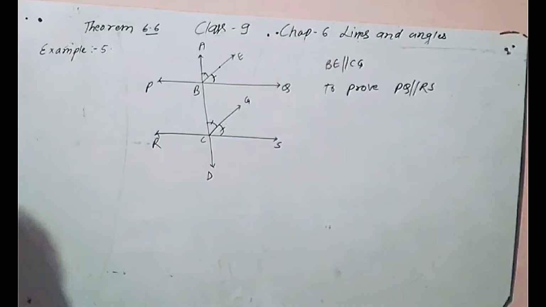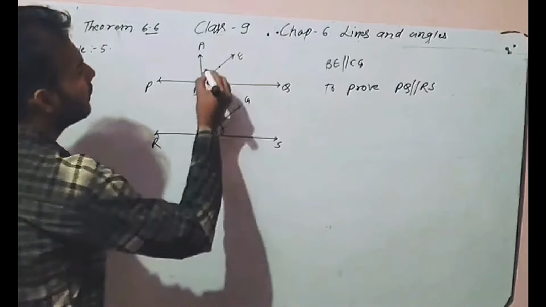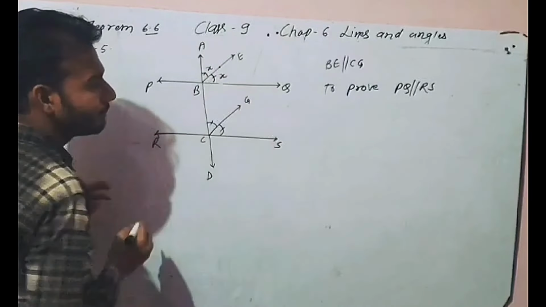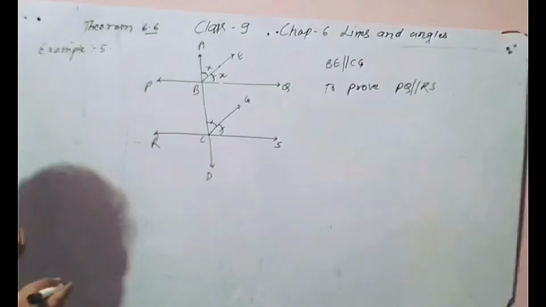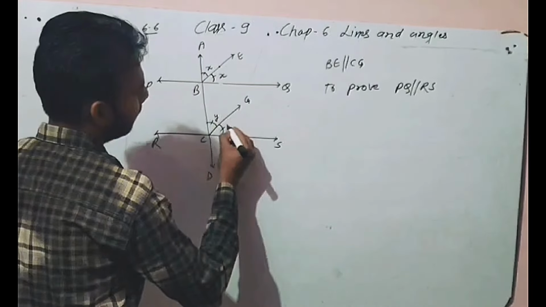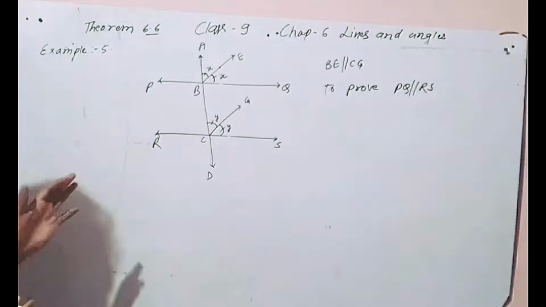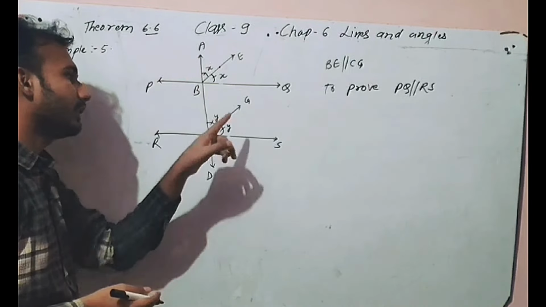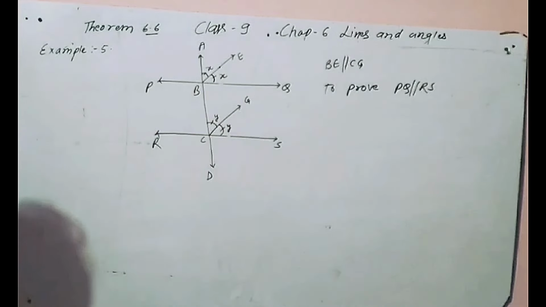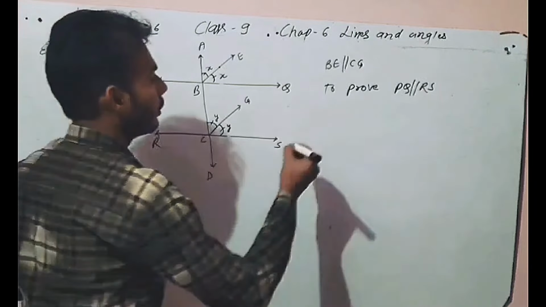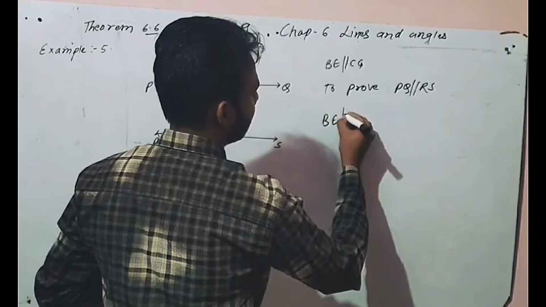First of all, if this is X, then this is also X, because of the bisector. And if this is Y, then this is also Y, because BE is bisecting this angle and CG is bisecting this angle. Now it is given BE is parallel to CG.